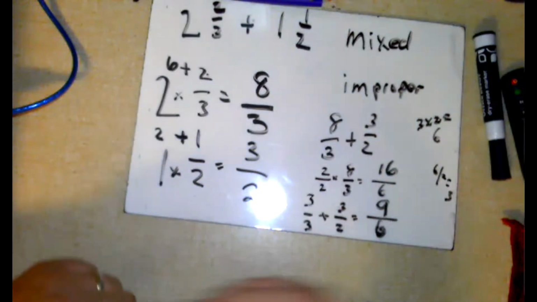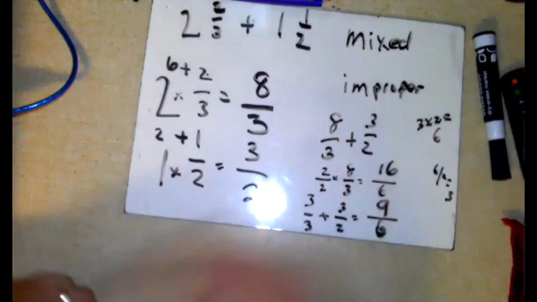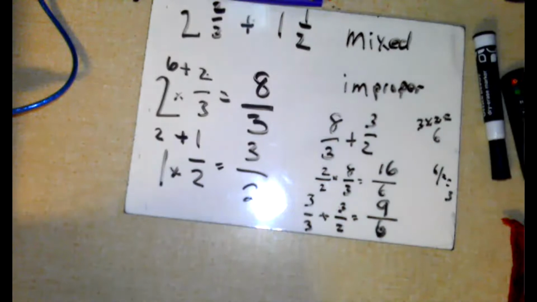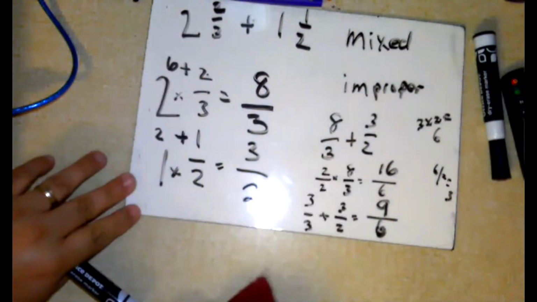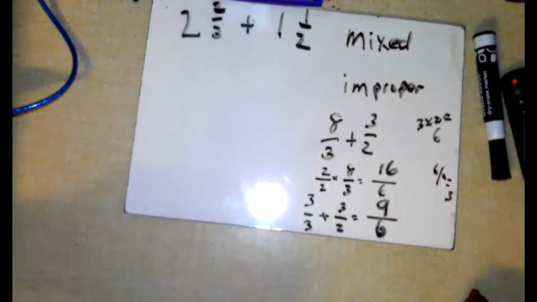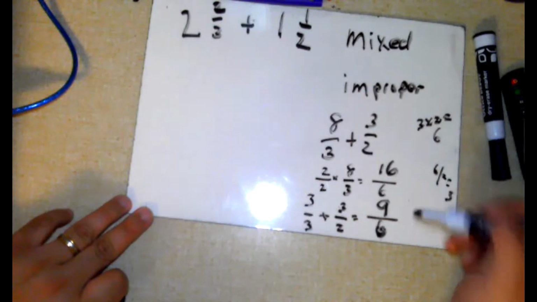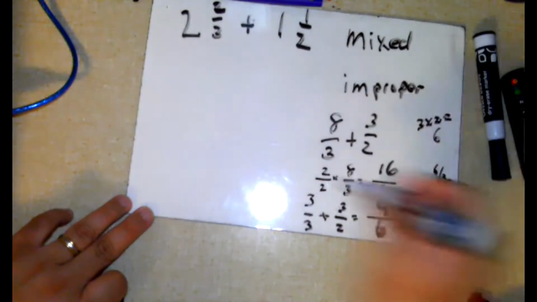Okay. Now I'm going to take these fractions, and I'm going to add them up. So I'm going to go ahead and erase this real quick. Now I have fractions with the same common denominator.